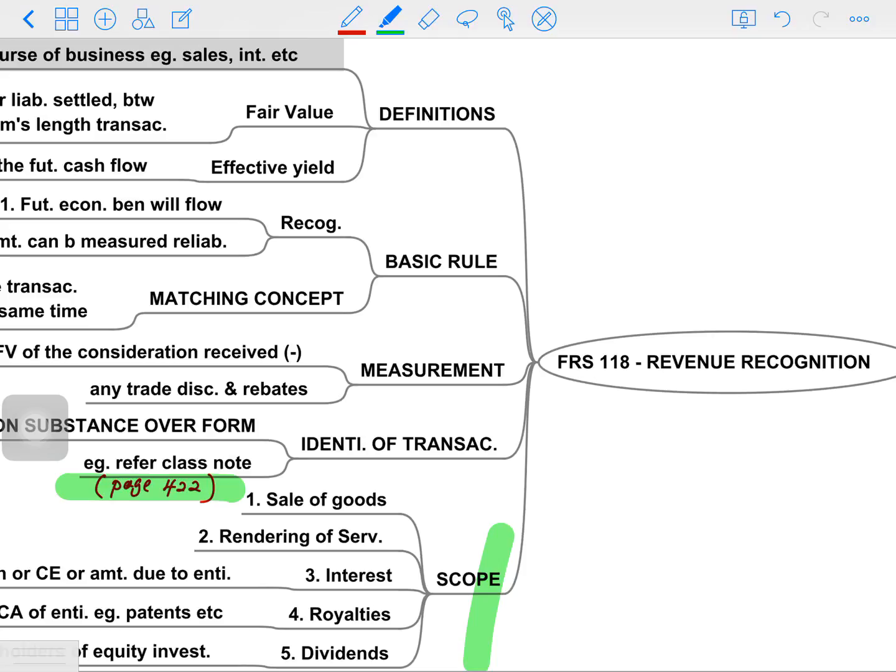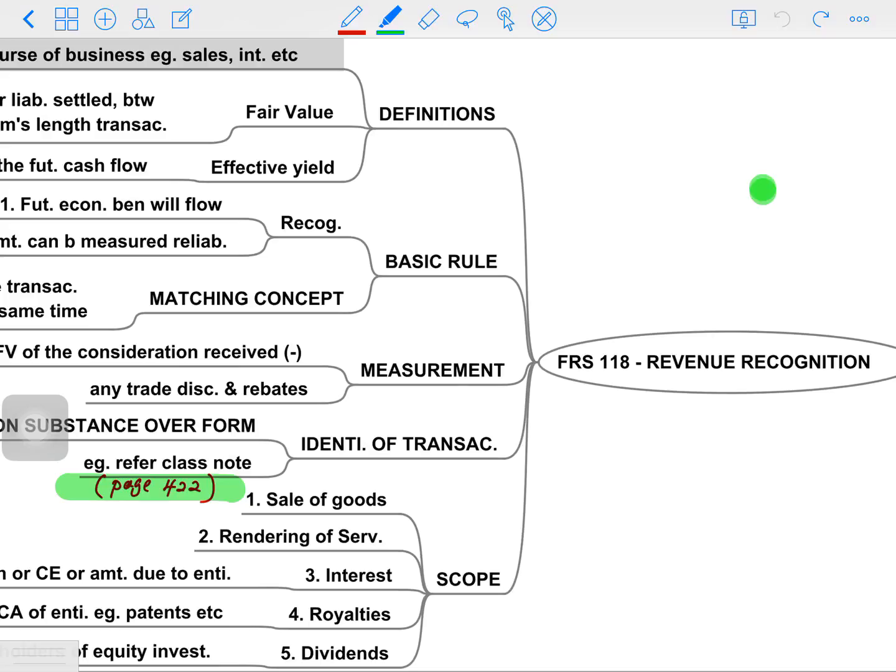Look at here, FRS 118. I have made ready for you a mind map for you to easily remember what is being discussed in the topic. So I will email you. I emailed yesterday, but somehow it didn't go through.